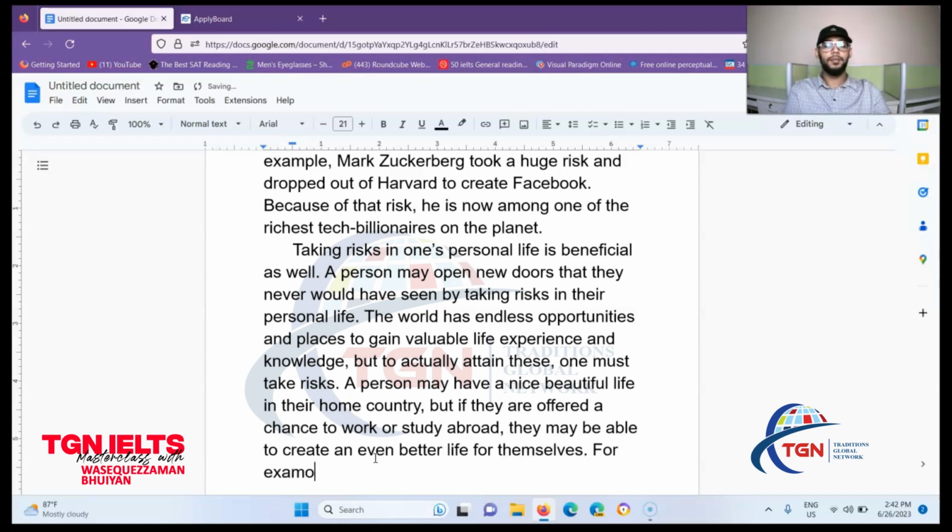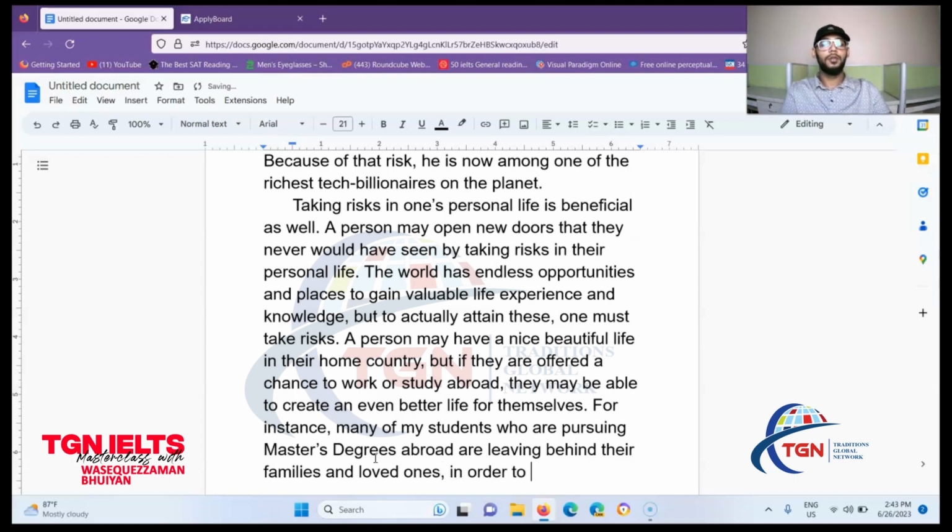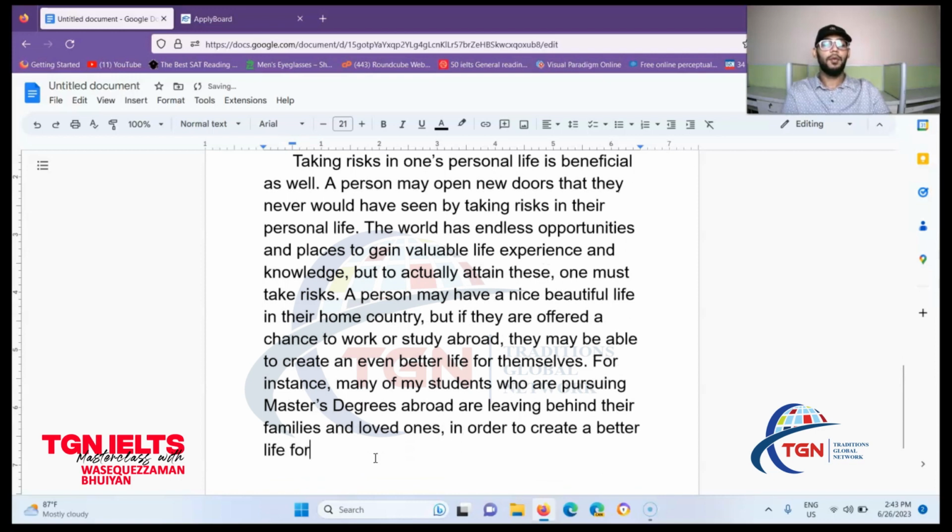For instance, many of my students who are pursuing master's degrees abroad are leaving behind their families and loved ones in order to create a better life for themselves and their families.